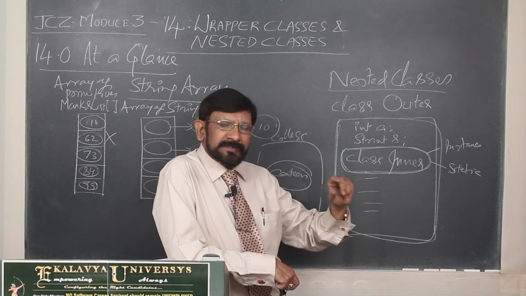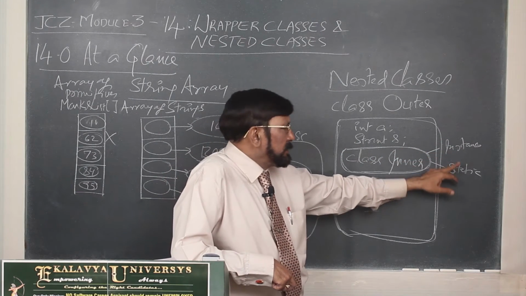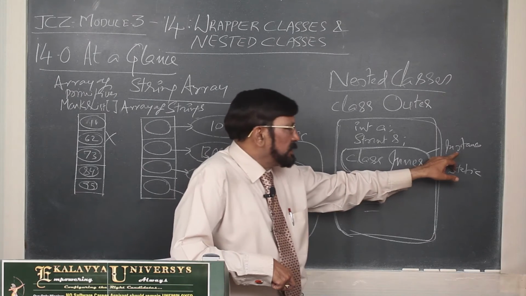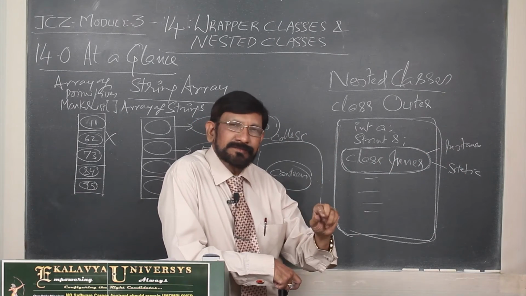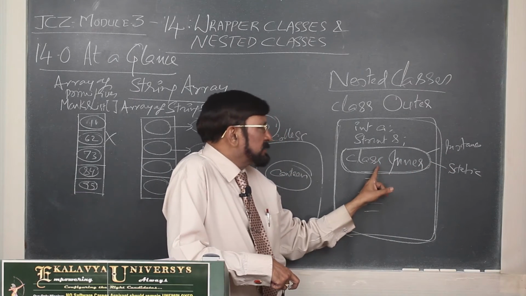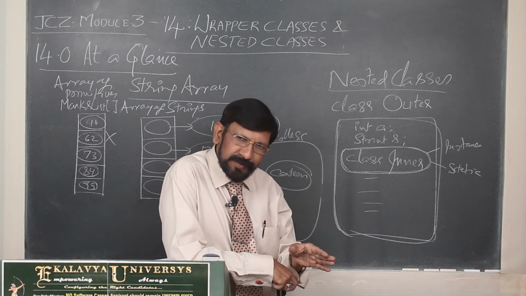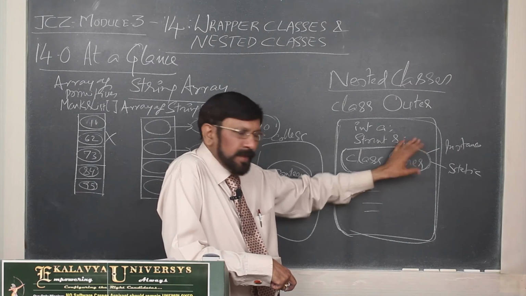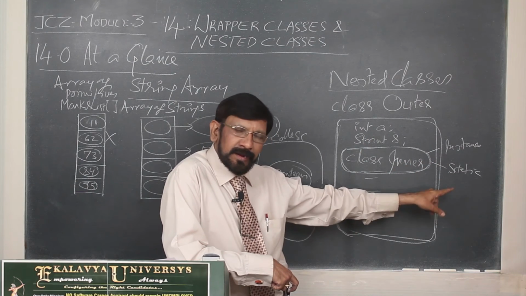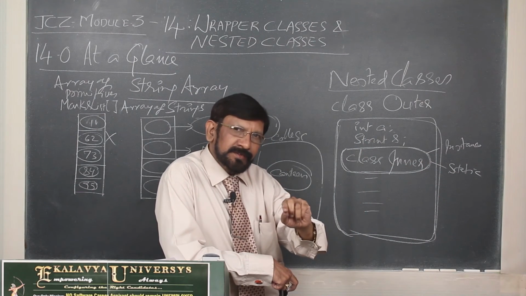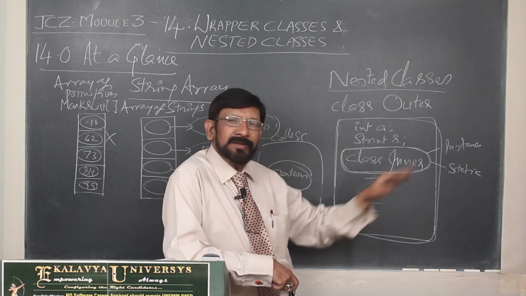So, for the sake of identification, instance inner classes are called inner classes. Static inner classes are called nested classes. Actually, for the sake of convenience, both are inner classes only. So, once again you remember that static inner classes are called nested classes and instance inner classes are called inner classes.